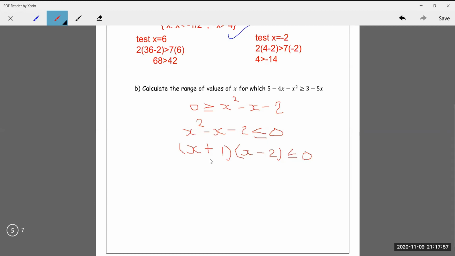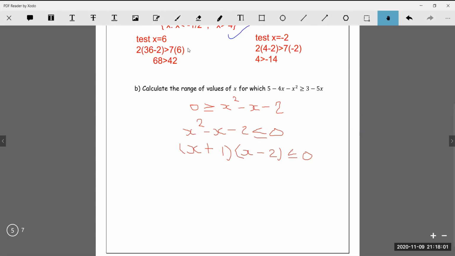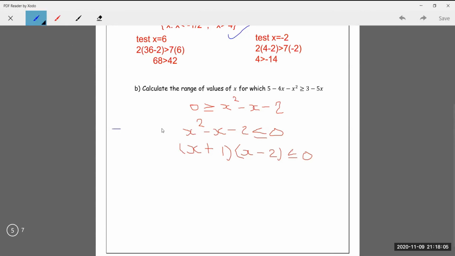So we're absolutely right. Now once you get to this right here, the trouble starts again. I want you to always picture what is happening. So draw your axis and say, okay, right here, x is -1, right here, x is 2. All right, so x is -1 and x is 2.